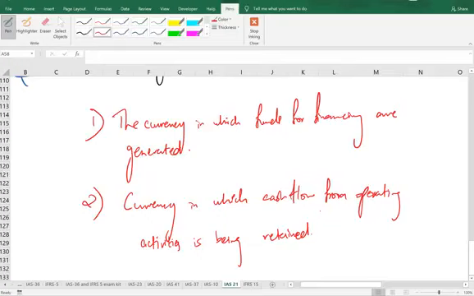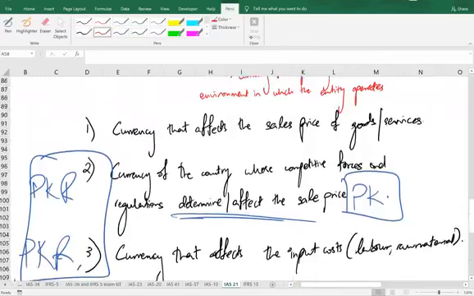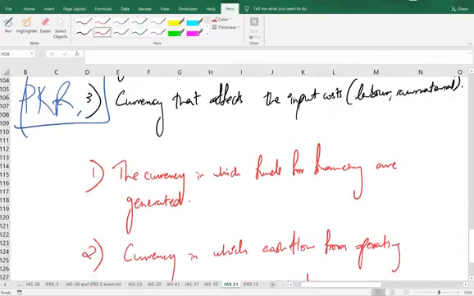So again, like I said, if the functional currency is different from the presentational currency, the factors that you have to see is obviously these. First primary and then secondary. The red ones are the secondary, and the black ones are the primary. Okay. Once you determine the functional currency, if it's the same as the presentational currency, you're good to go. You don't have to apply any IAS 21.